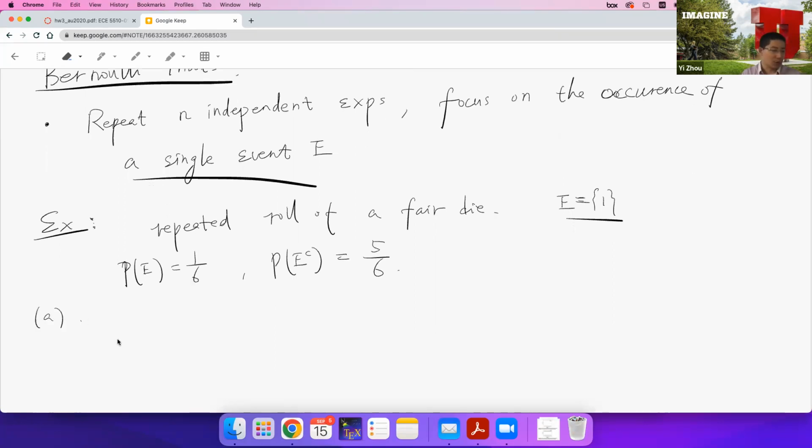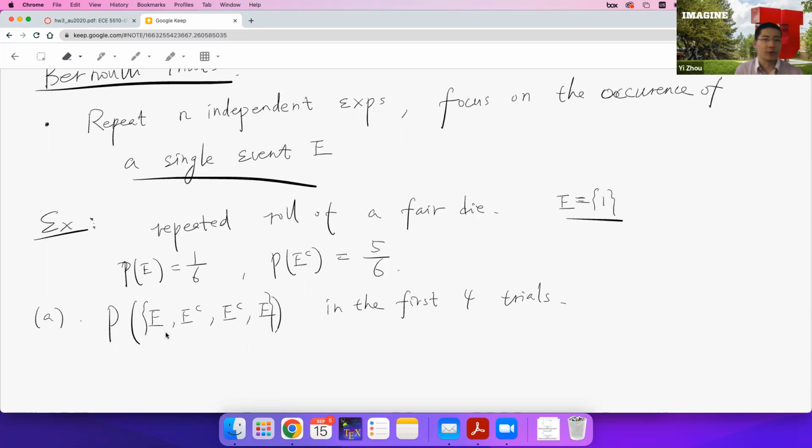Now, for example, we can consider the probability of this event in the first 4 trials.